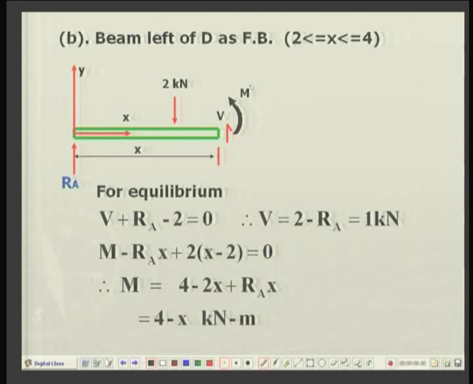So, the forces are R A, a downward force of 2 kilonewton, and similarly V and M. Again sigma F y is equal to 0, sigma M is equal to 0, etc. So, V plus R A minus 2 is equal to 0, and hence V gives us 2 minus R A, which, R A being 1 kilonewton, is simply plus 1 kilonewton, and M will be equal to 4 minus x kilonewton meter.